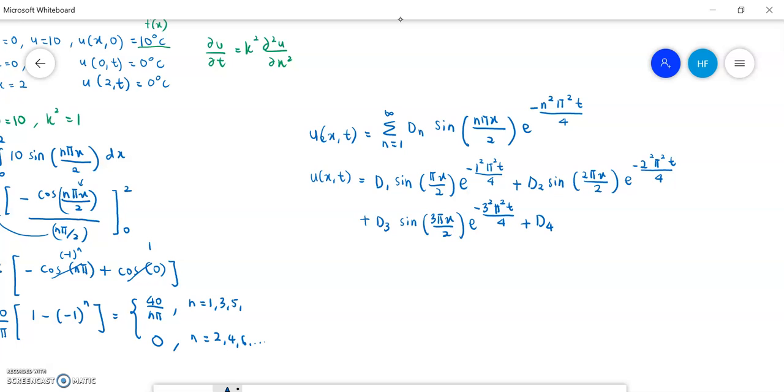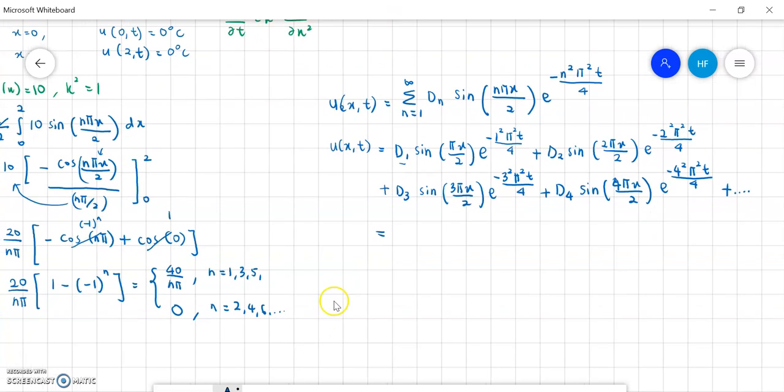And when n equals 4, etc. Then we substitute D1, D2, D3, D4 based on this equation.